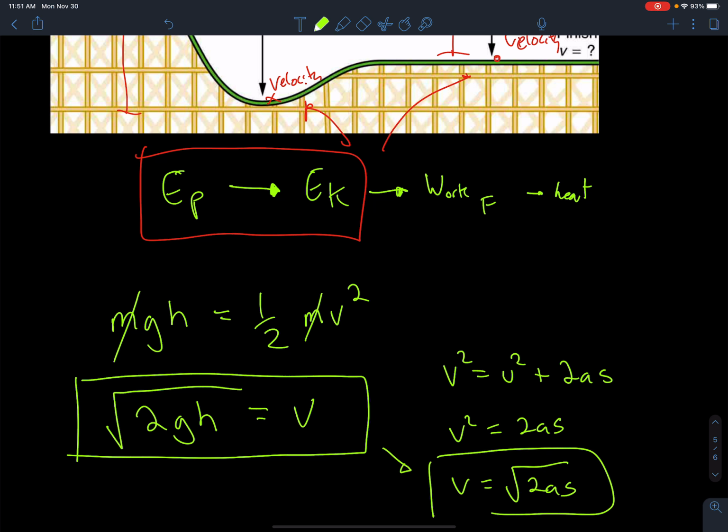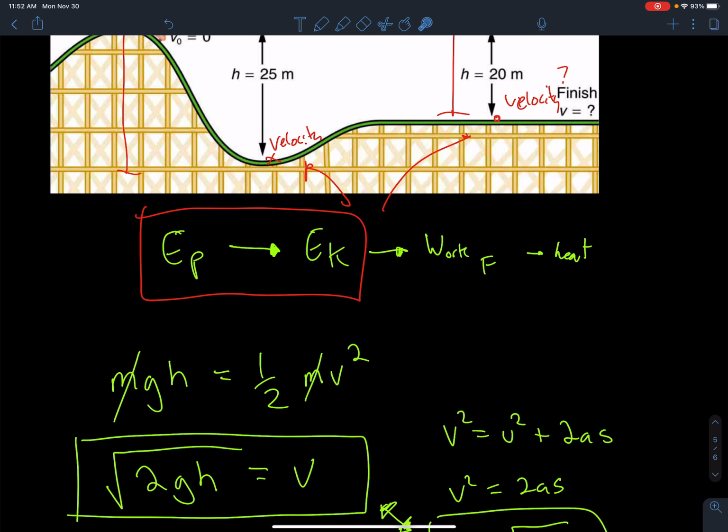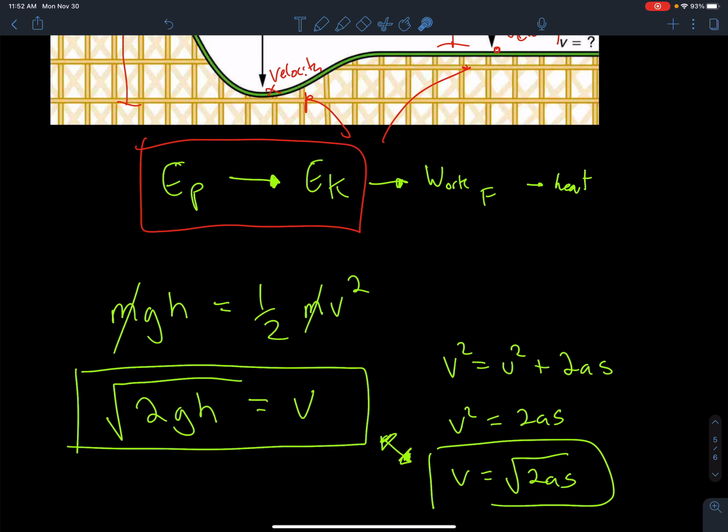That's interesting because kinematics told us that this equation exists. This velocity at any point is going to be equal to the square root of 2 times the acceleration, which is gravity in this case, times my displacement, which was 25 meters. This formula is that formula. And we came to the same end formula using two different theories.